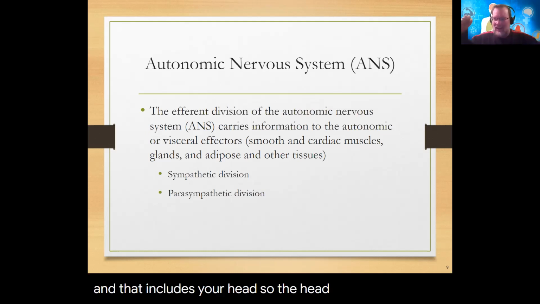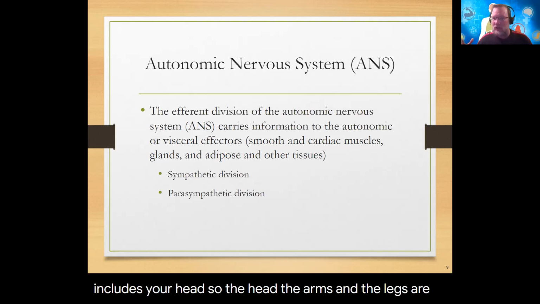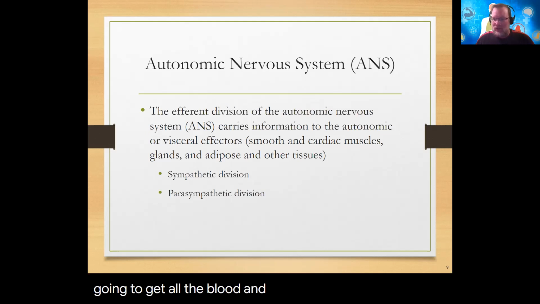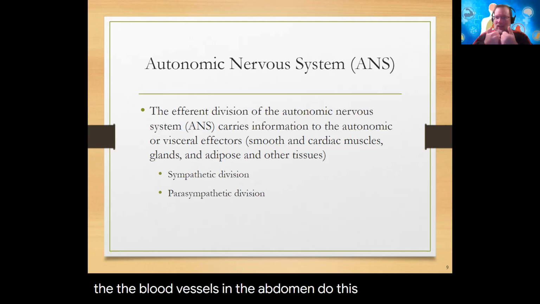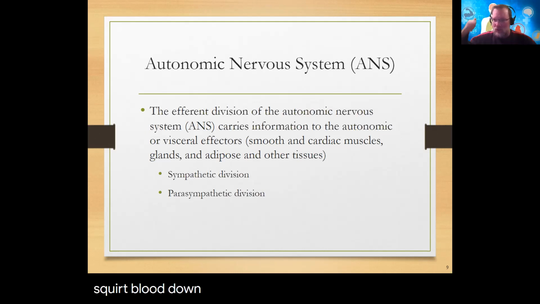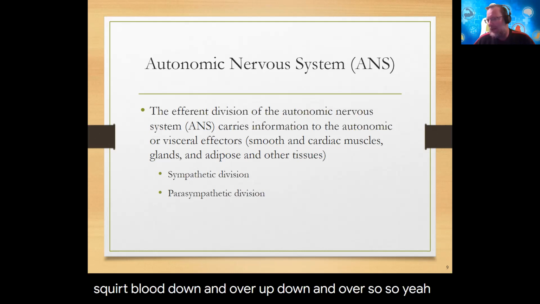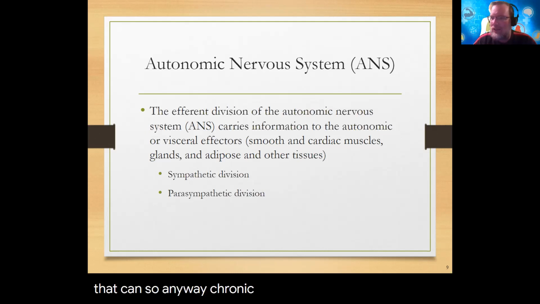So the head, the arms, and the legs are going to get all the blood, and so the abdominal area is almost like it's leached out of the blood. All of the blood vessels in the abdomen do this and kind of squirt blood down and over, up, down, and over. So anyway, chronic stress is a real bear.